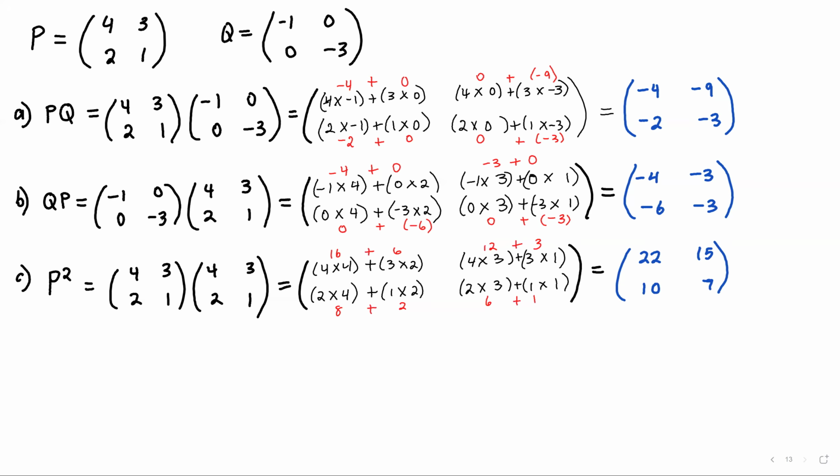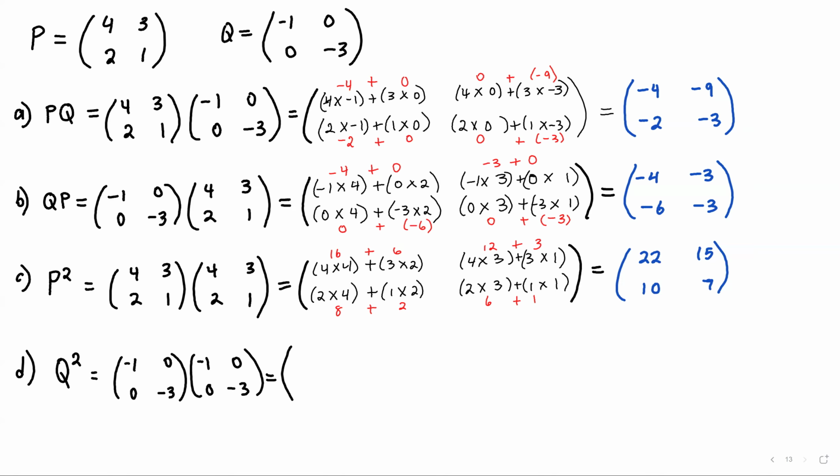Part D. Part D, we needed to find Q squared. So that's Q multiplied by itself, which would be -1, 0, 0, -3 by -1, 0, 0, -3.